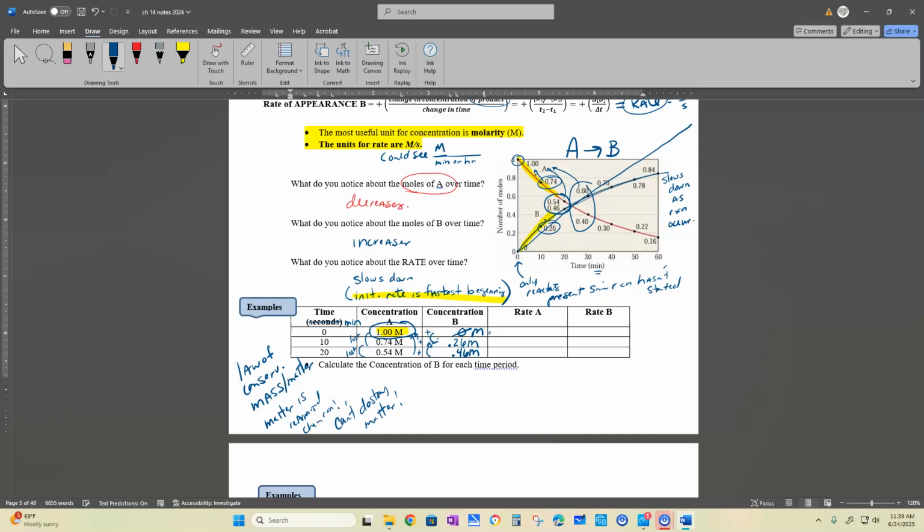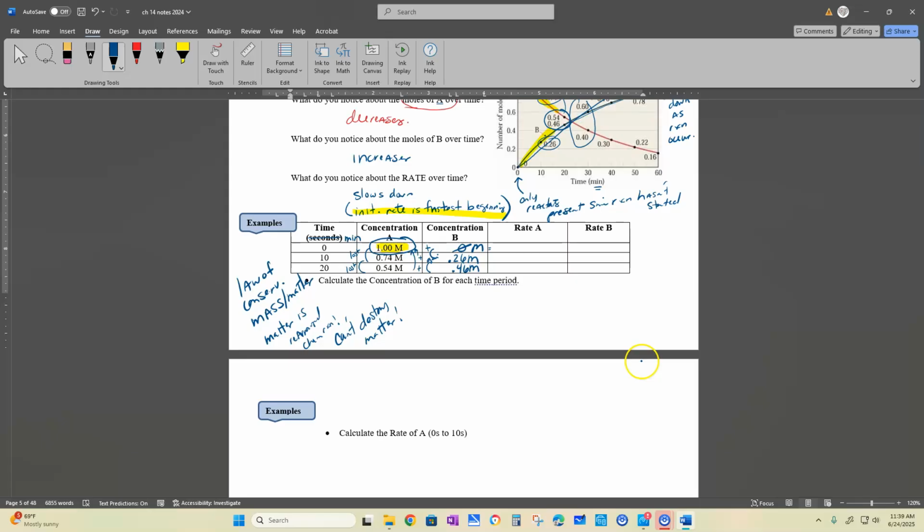Well, now let's calculate the rate of A. So notice in the rate of A, okay, so remember our rate, so rate of A, it's going to be A, because remember A is disappearing over time, the change in concentration of A over the change in time. Okay, so remember that change is final minus initial. So I'm going to concentrate on my A, and I want to go from 0 to 10.